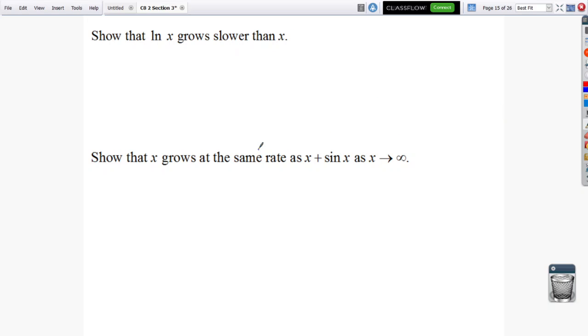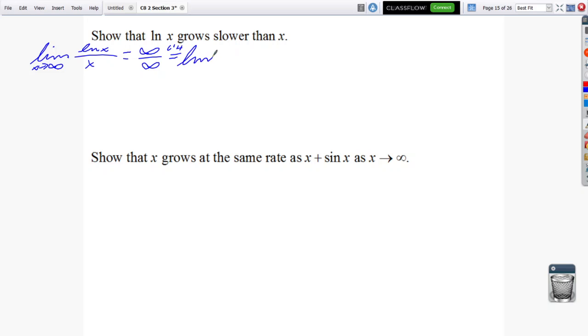So a couple more problems. Show that ln of x grows slower than x. Again, limit as x approaches infinity of one function over another function. We know that ln of x grows to infinity, so we do have infinity over infinity here, which we now know we can use L'Hopital's rule to evaluate.